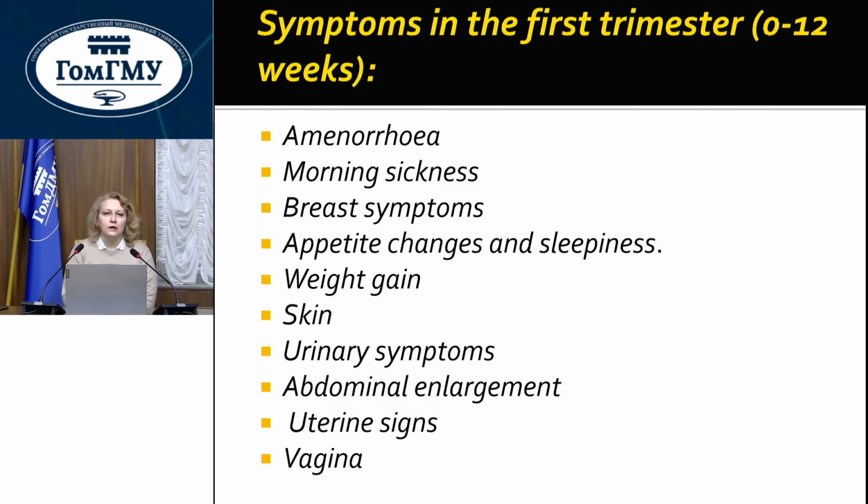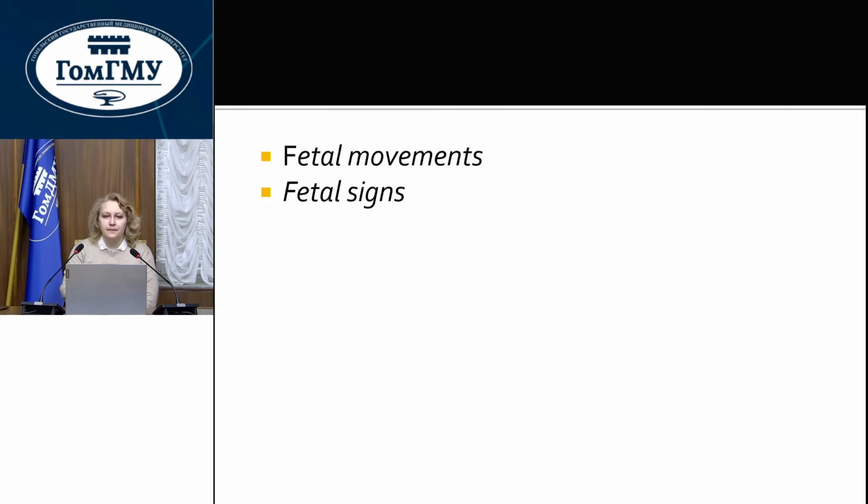Urination become more frequent, and it can be night urination also. Abdominal enlargement, uterine signs. Uterus becomes more soft, and we can palpate enlargement of the uterus. And vagina. The vaginal wall become more dark, like more violet, and more moisturizing, more wet.